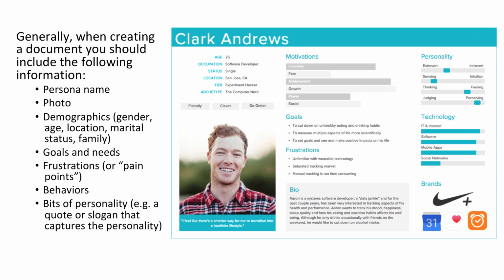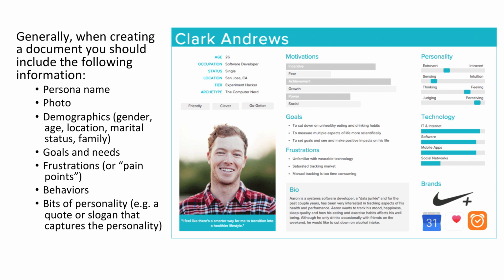And motivations. He's motivated by incentives, achievement, and power. He's a little bit social. He's wanting to grow. So what can I use in my wearable tech? So if he's motivated by incentives and achievements, maybe my wearable tech can have little goals that he can meet.